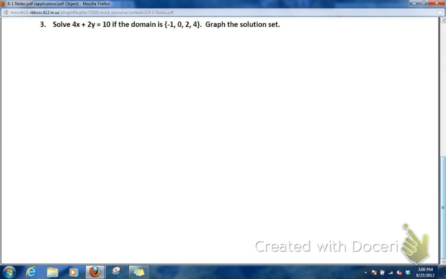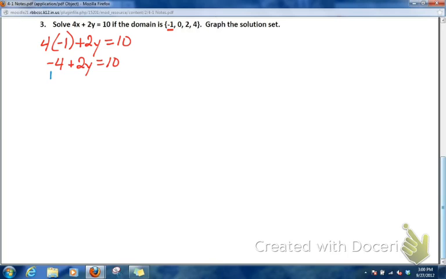So we're going to set up this problem again 4 times. My first x is -1, so 4 times -1 plus 2y equals 10. And I'm going to solve. 4 times -1 is -4, plus 2y equals 10. Now this one's going to require a little bit more solving than the last one did.